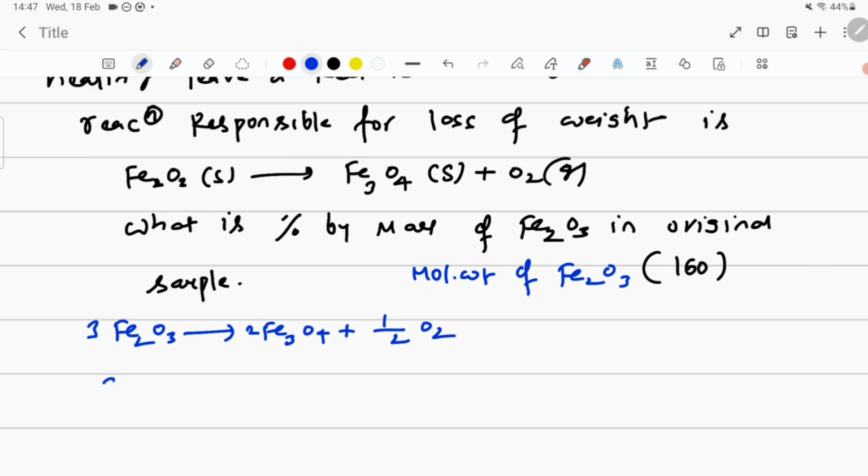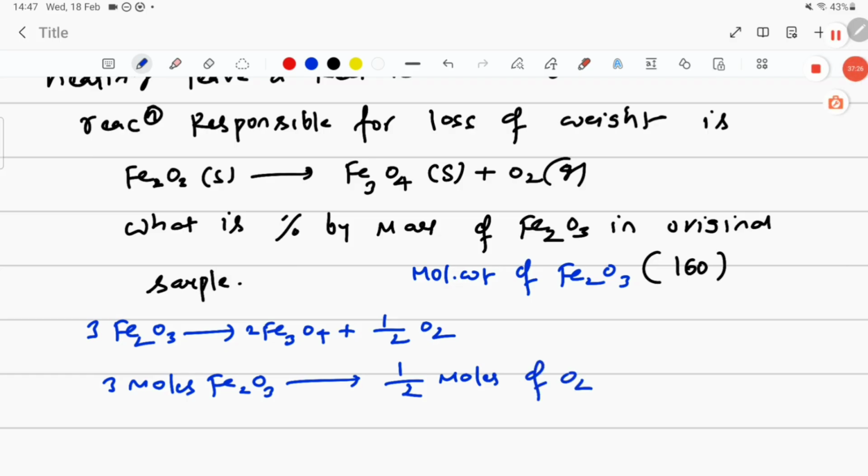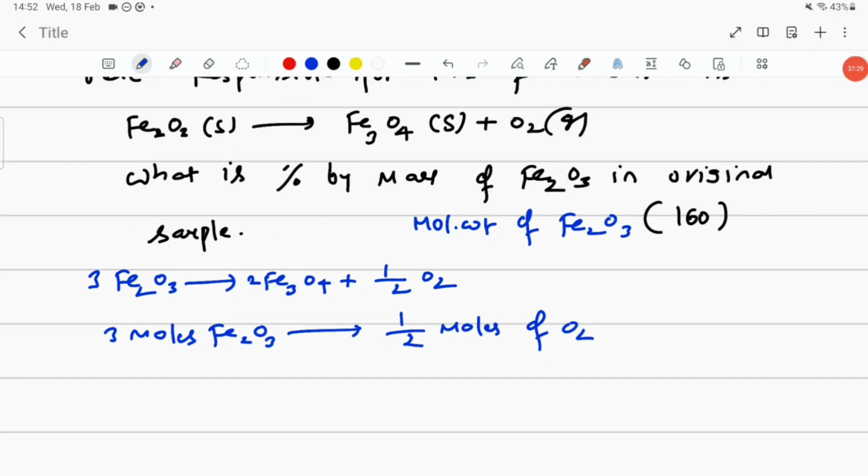So here in the question, 3 moles of Fe2O3 giving half mole of O2 according to the given equation.